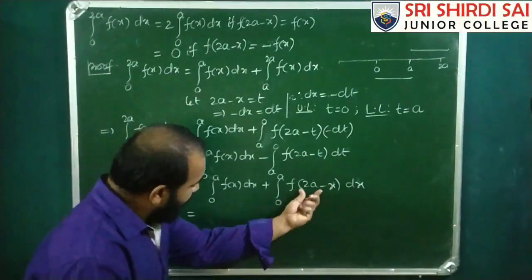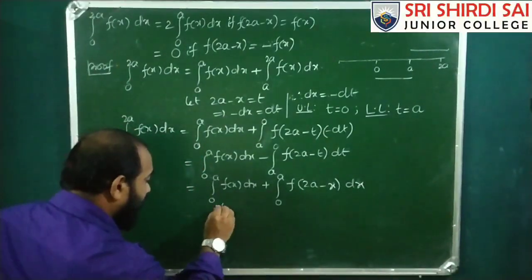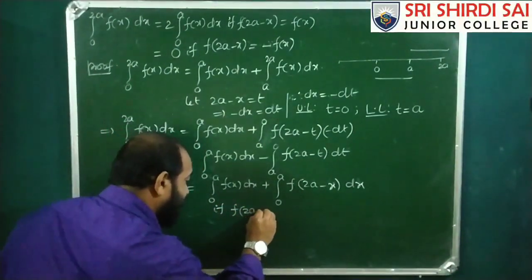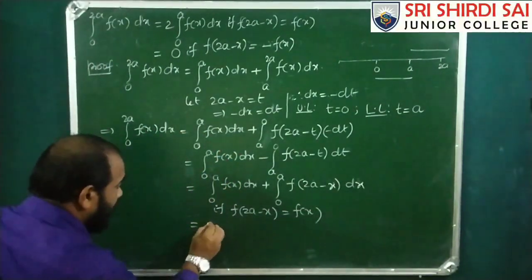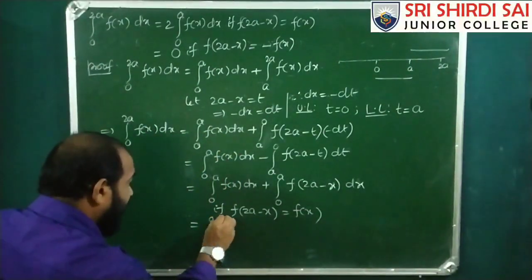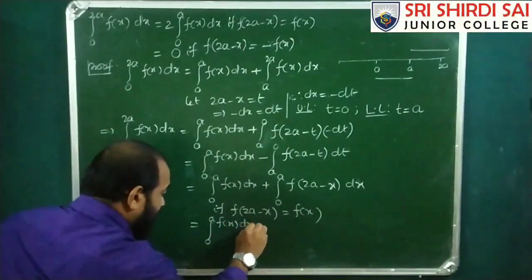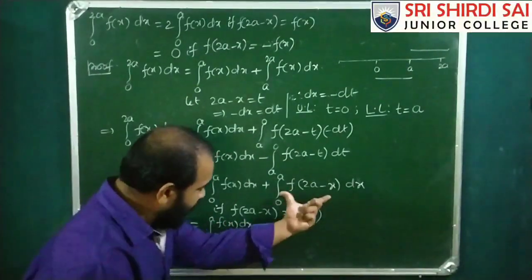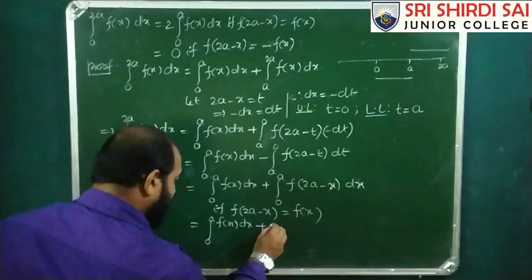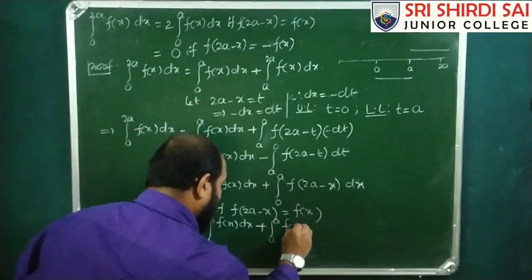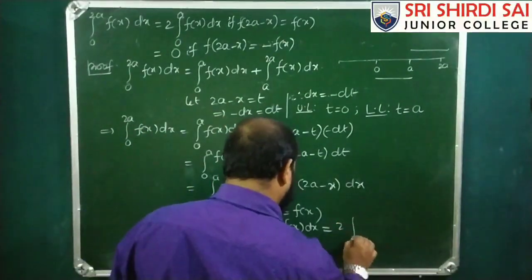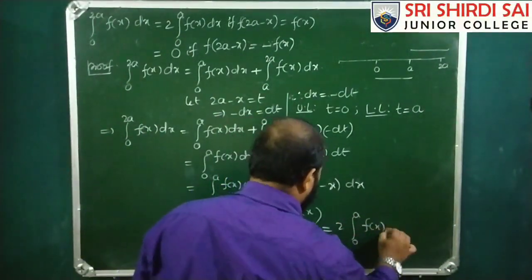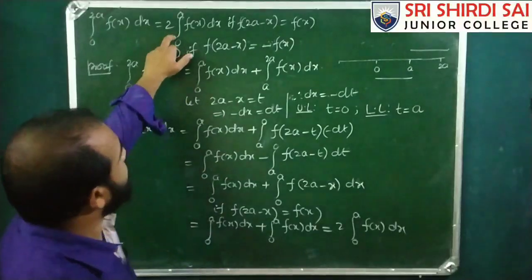Now if f of 2a minus x is equals to plus f of x, then what will happen? This is 0 to a f of x dx plus this is also f of x, integral 0 to a f of x dx, that is equals to 2 integral 0 to a f of x dx.